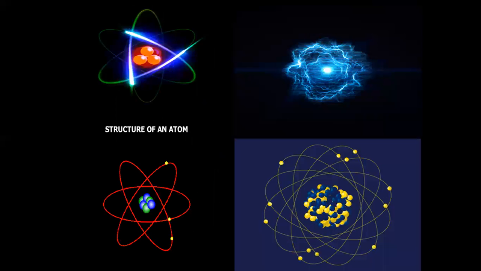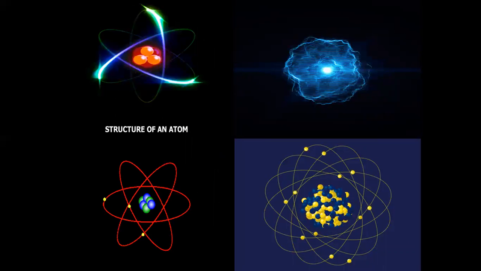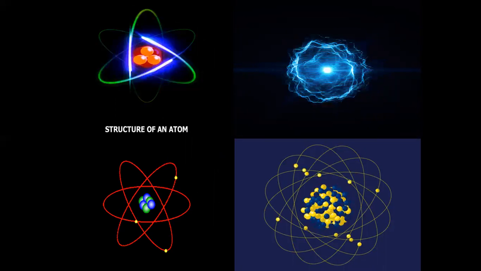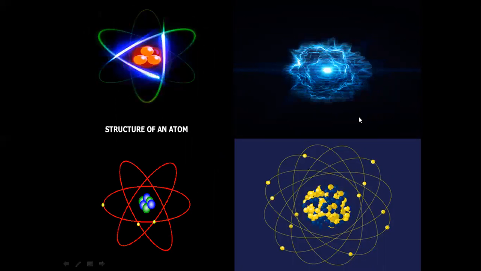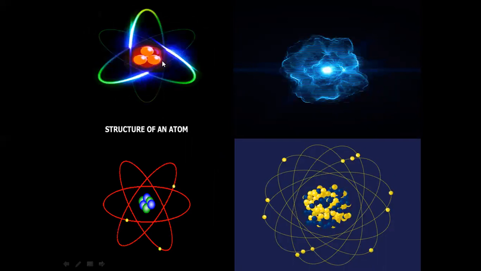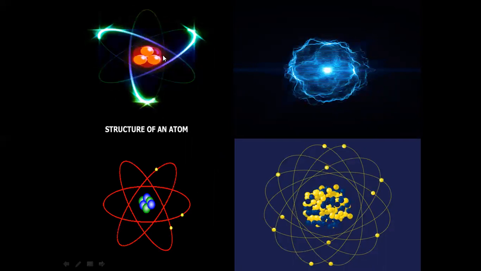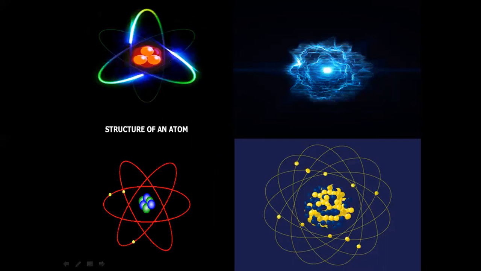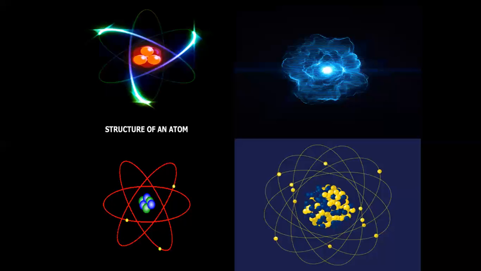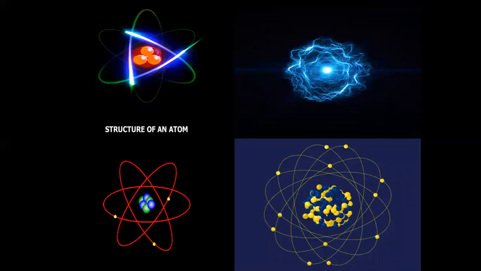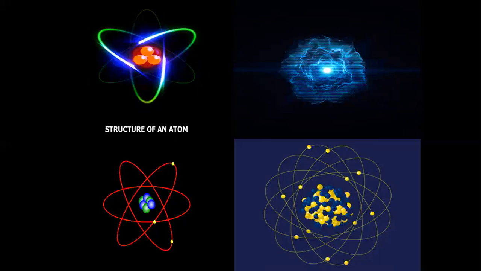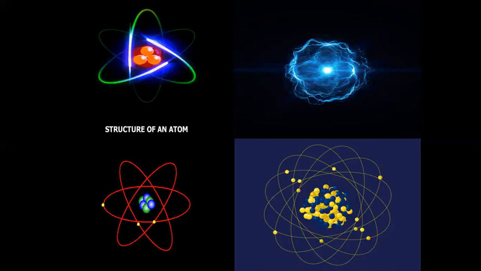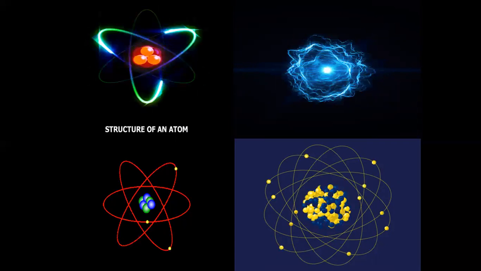Here I show you four atomic structures. They all show the electrons moving in the orbitals, but the protons stay in the nucleus in static positions.